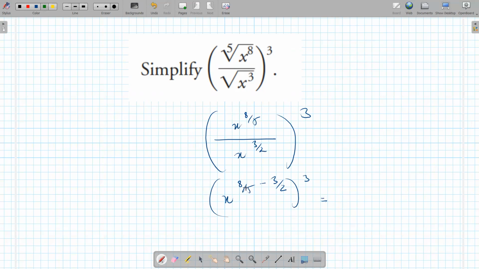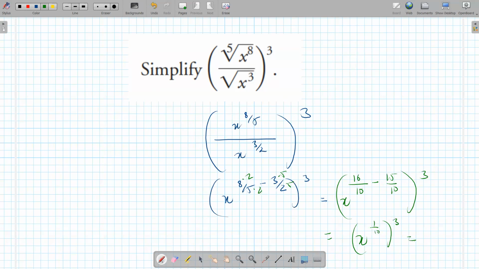So we need to multiply this guy by 2. We need to multiply this guy by 5, right? Like that. So you get x to the 16 over 10 minus 15 over 10 cubed, yeah? So that's x to the 1 over 10 cubed.